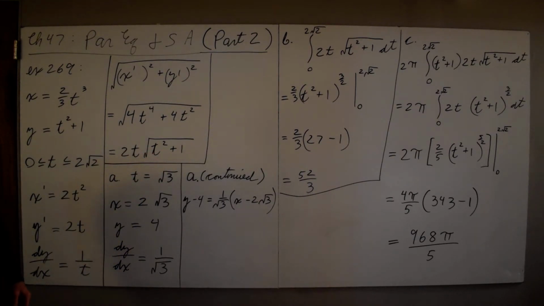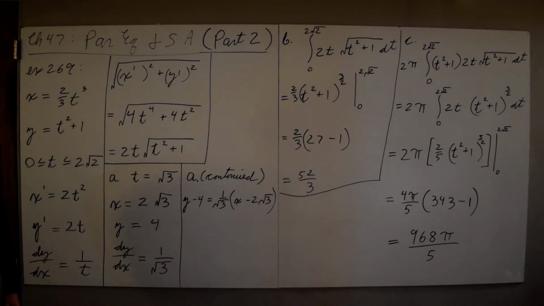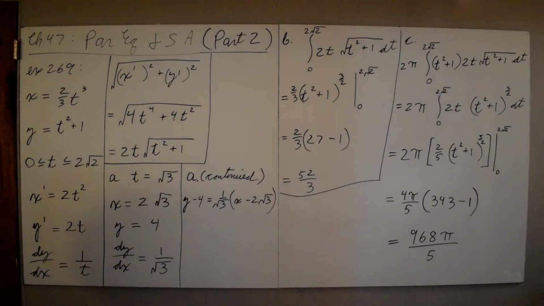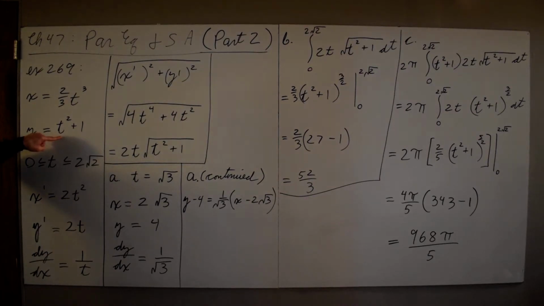Part A is to find the equation of the tangent line at the point when t is square root of 3. Well, to find the equation of a line, we need an x-coordinate, a y-coordinate, and a slope. So to find the x-coordinate, we substitute square root of 3 in for t right here. To find the y-coordinate, we substitute square root of 3 for t in the y equation.